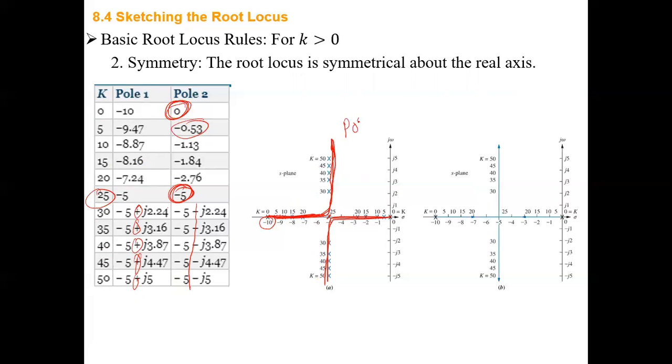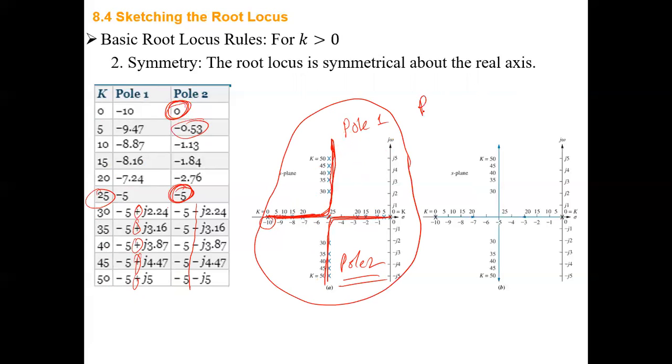Okay, this is pole 1, and this is pole 2. So how many branches of, this is called root locus, okay? Now you have, this complete picture is called root locus. So there are many advantages to the root locus.